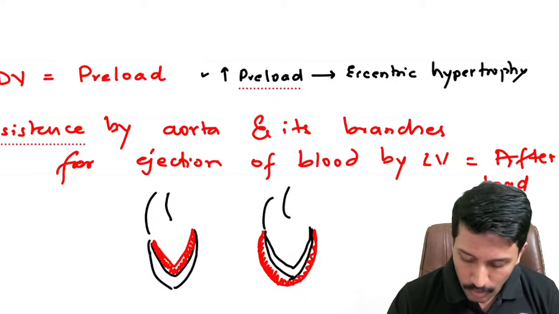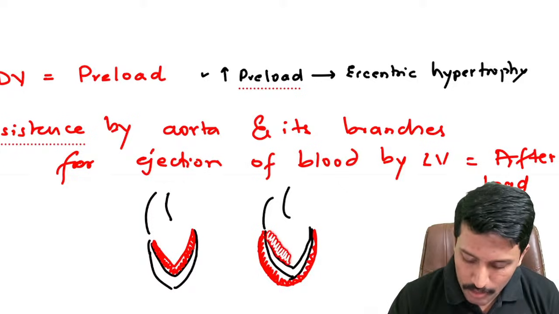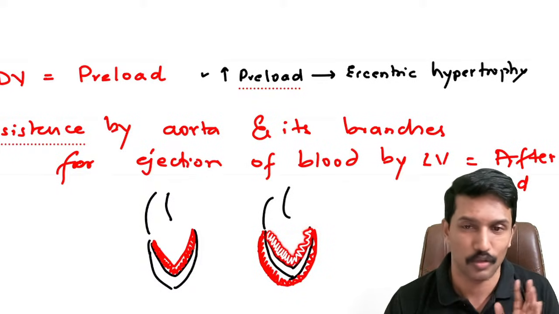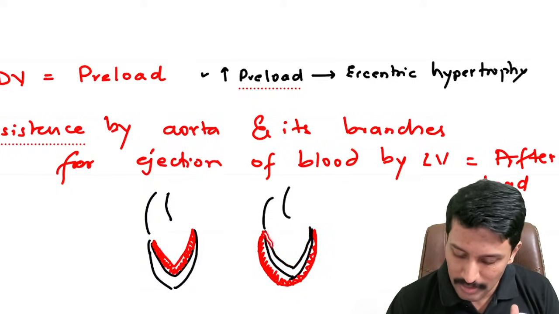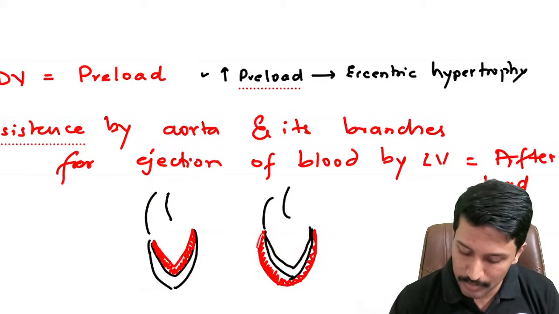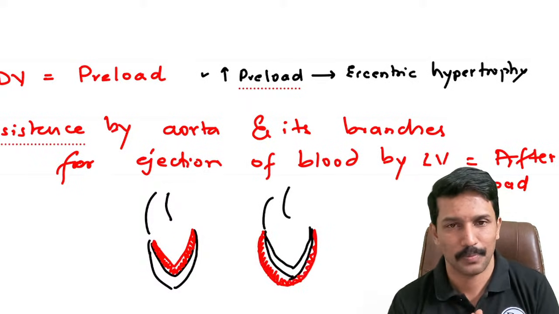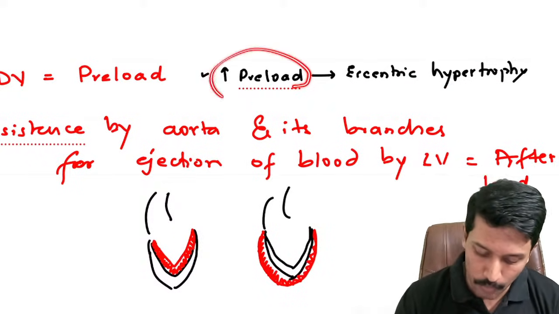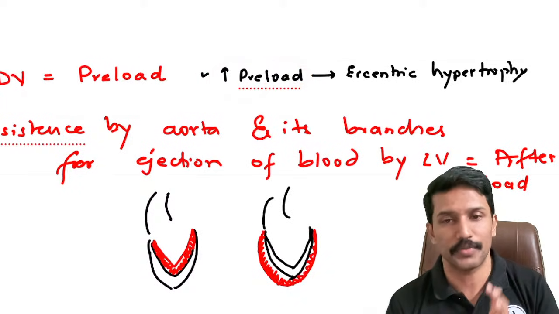So is it a wise decision for nature to put the muscle mass inside if the volume of blood inside the ventricle is already high? I don't want to compromise the cavity size. I will add the muscle outside. This is what we call eccentric hypertrophy, because here the main problem was volume increase in the ventricle.